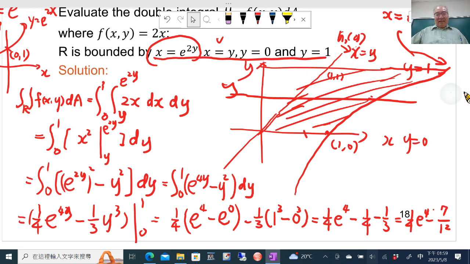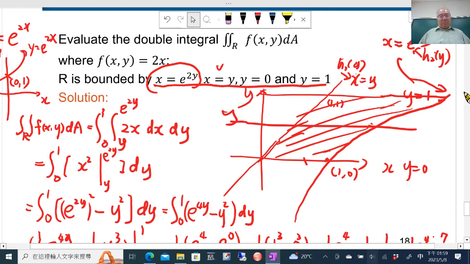Okay. And probably the most difficult part will be getting used to the function of y, which we're not really familiar with. Most of the time, our function is in terms of x. But now in our double integration, quite often you might encounter expressing x in terms of y.